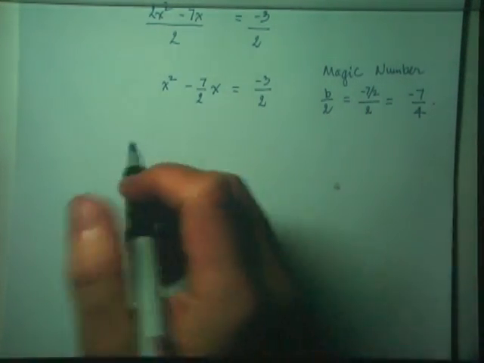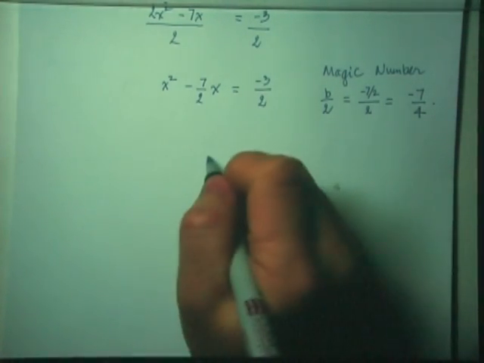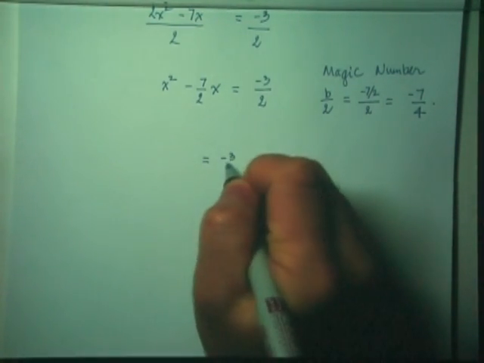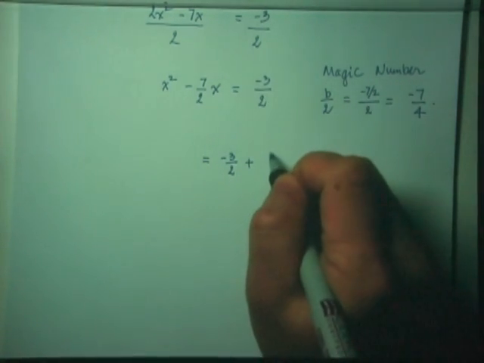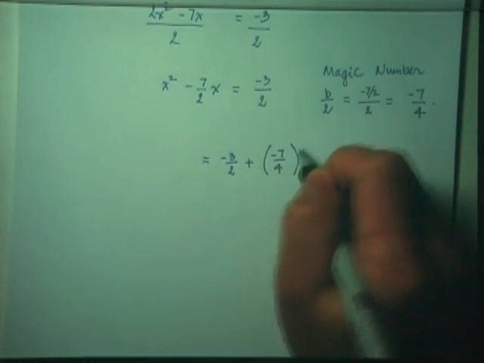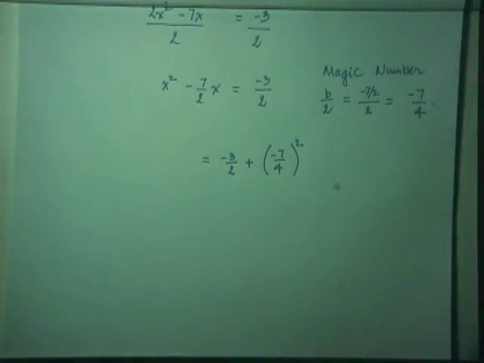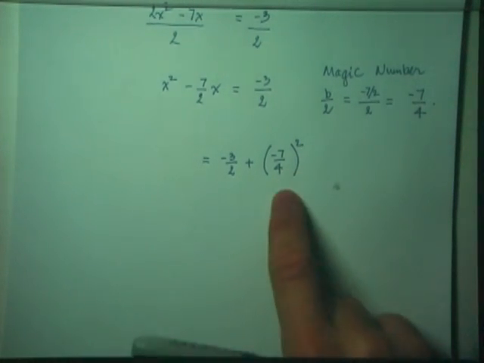And so, once again, once you have found a magic number, what you need to do on the right-hand side, which for now contains negative 3 over 2, I'm going to add the square of the magic number. So I just added the square of the magic number to the right-hand side of the equation.